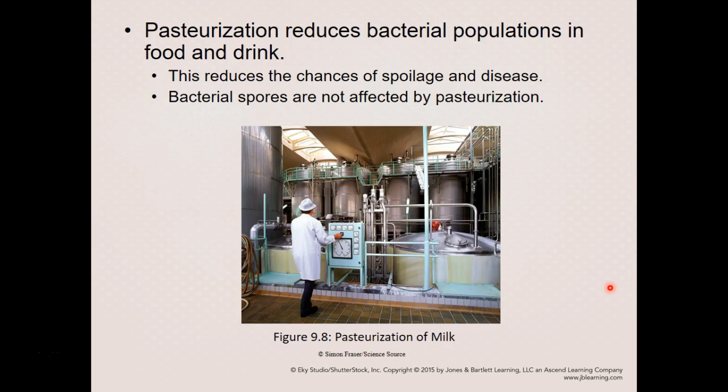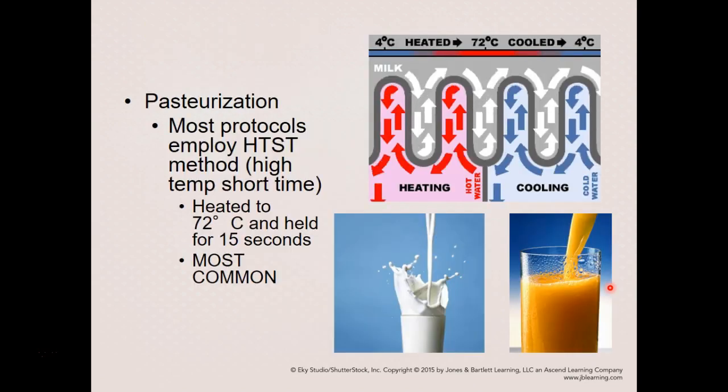So one mechanism of moist heat microbial management is called pasteurization. In this case, we're not sterilizing, we're just reducing the amount of microbes down, and we're getting rid of any pathogens and any spoilage microbes. There are two forms of pasteurization.